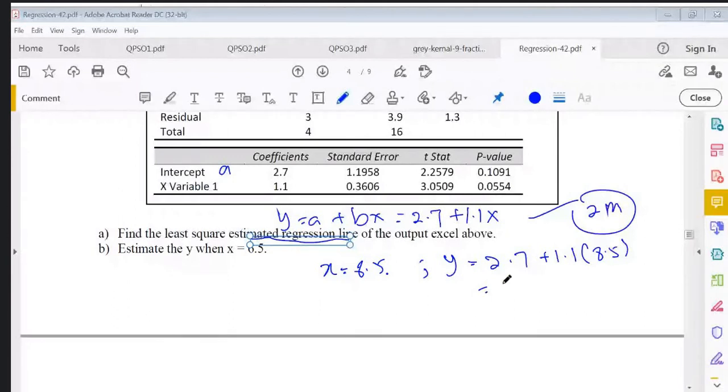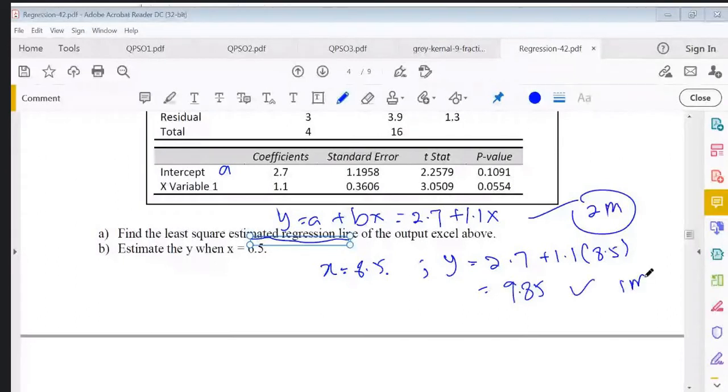The answer is 9.85. For this one we get 1 mark.